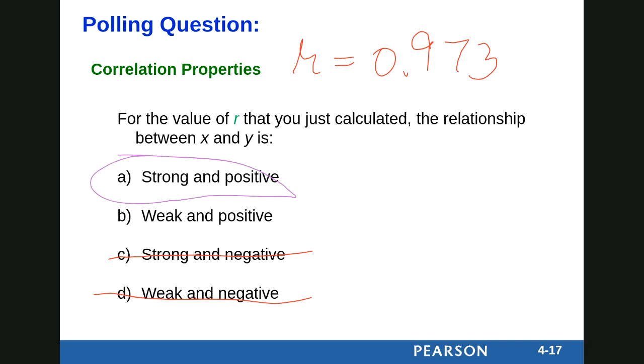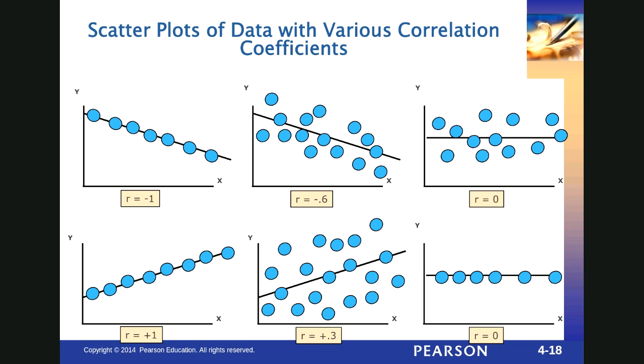And this next slide actually visually explains what I mean by close to 1 or 0. So let's start with when R is equal to +1. So R is positive. That means my scatter plot is going in the positive direction.